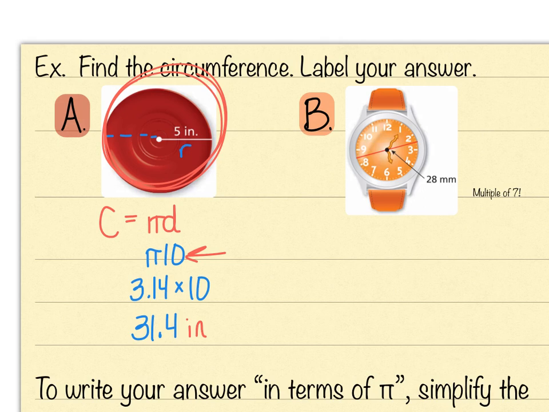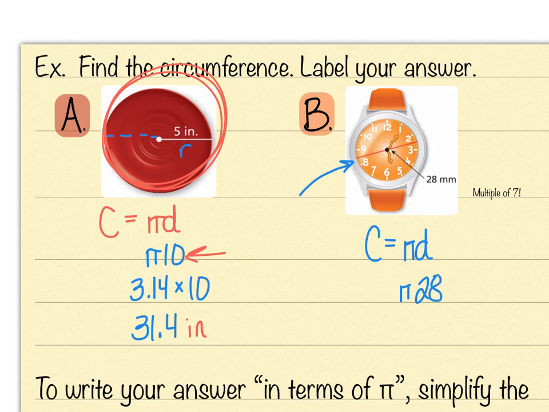In example B, we can do the same thing, except this time they've already given us the diameter. You can see this red line goes all the way through the circle for this little watch here. And it says that the diameter is 28 millimeters. So since circumference is pi times diameter, and they already are giving us the diameter, I just need to do pi times 28.